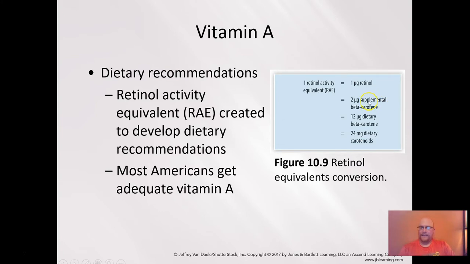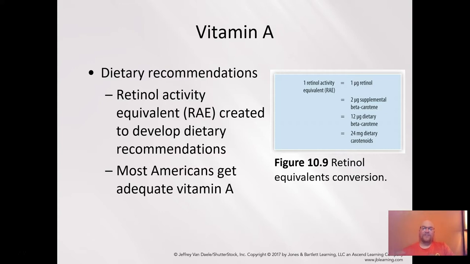You see the next one down here, that takes 2 micrograms of beta carotene supplements to equal the same amount of strength that 1 microgram of retinol has. So it takes twice as much of the beta carotene supplements to do the same thing that 1 microgram of retinol does. I hope that makes sense.